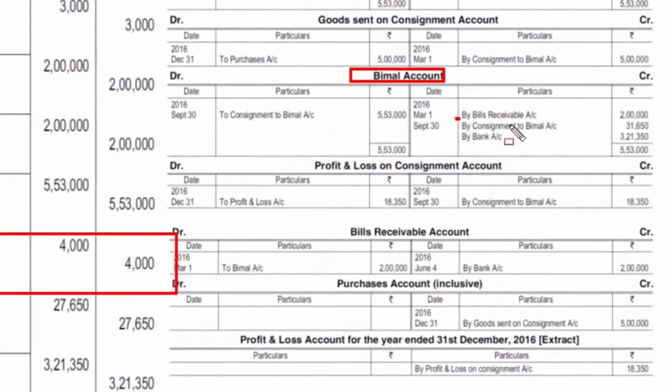But one thing you should consider here is that the consignment to Bimol account is already recorded for 31,650 rupees.